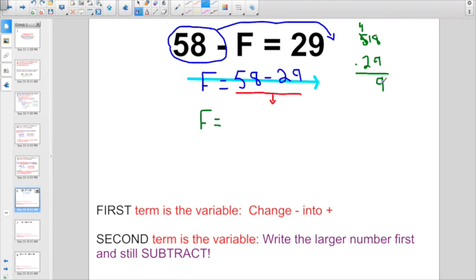Now I can write down 9. 4 minus 2, that's 2. So 58 minus 29, when I combine terms, F equals 29. And remember, if you're not sure, plug in 29 in place of F. 58 minus 29 is 29, right?